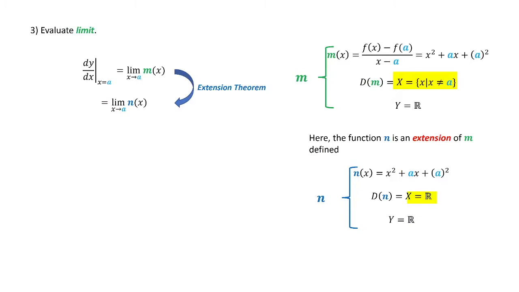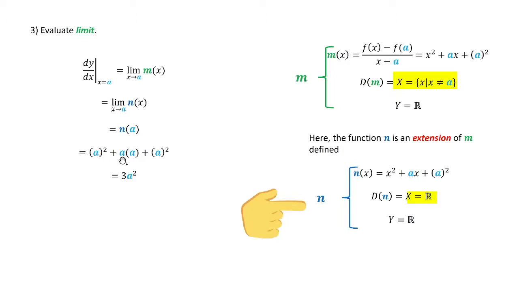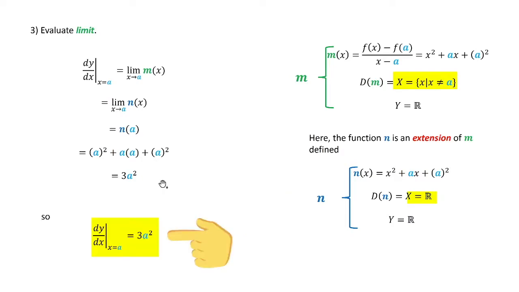So by the extension theorem, these two both have the same limit, and it's continuous. It's just a polynomial, and we can evaluate its limit just by plugging in. And we get 3a squared. And so you see there's a pattern here. The slope of the tangent line when x equals a is 3a squared.